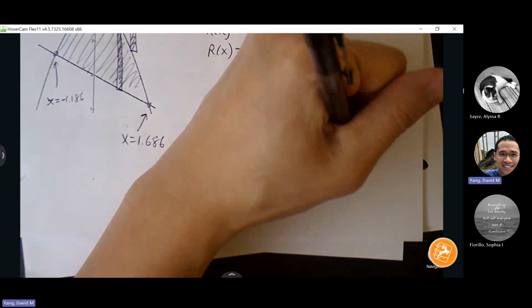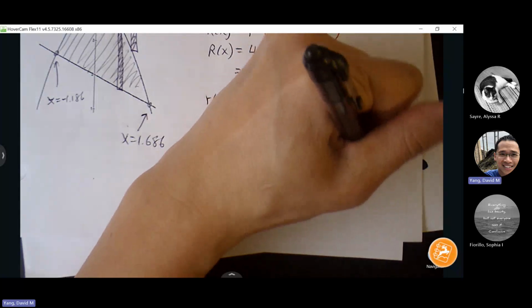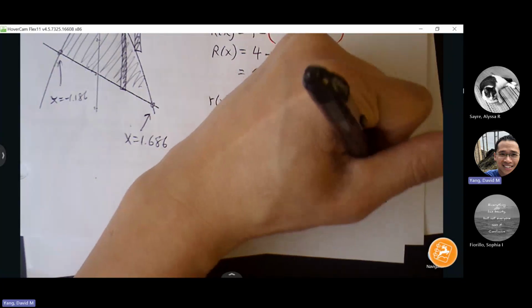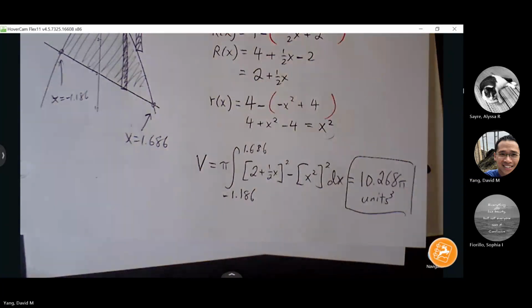Okay, and the calculator goes, we get 10.268 pi meters cubed. Okay, let me know if you have any questions.